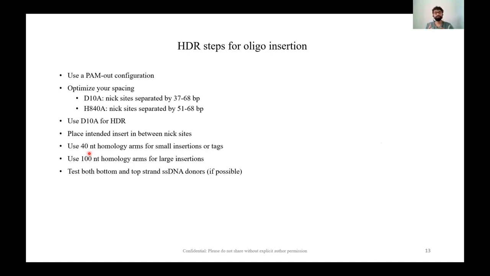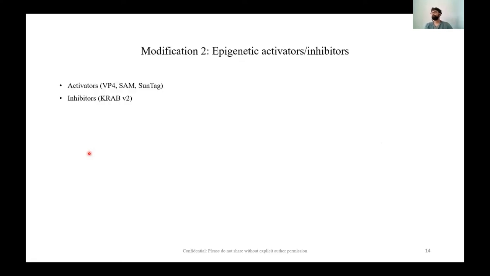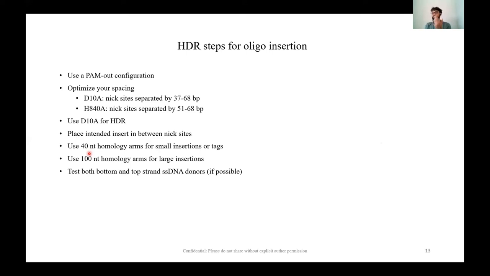You can also use unequal homology arms, which increases the efficiency. And always when you order an oligo from IDT, order both the top and the bottom oligo to test this configuration out. There are also lots of other modifications of this oligo, but we'll talk about them later in the next part.